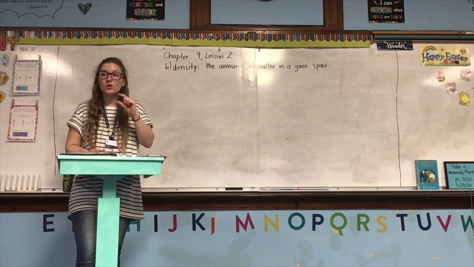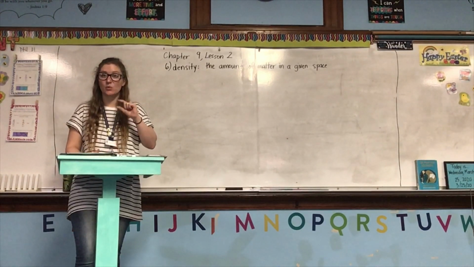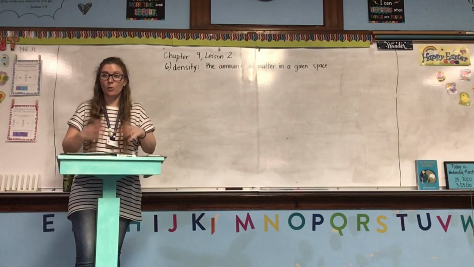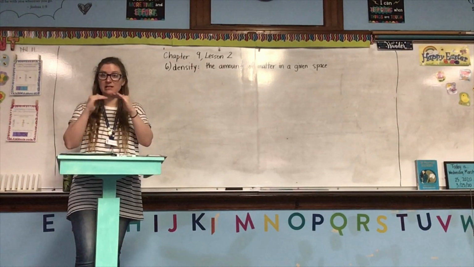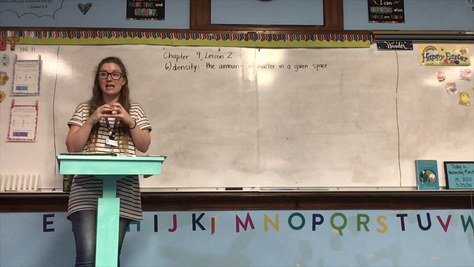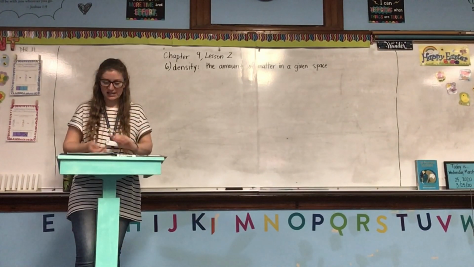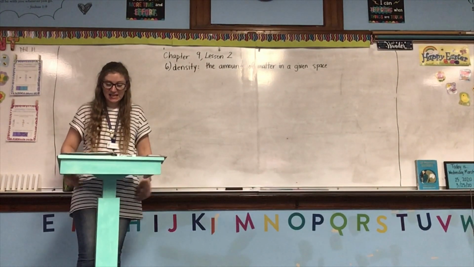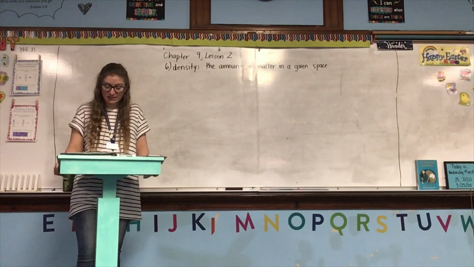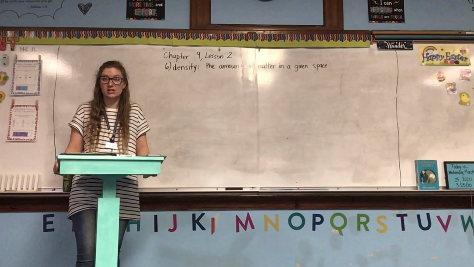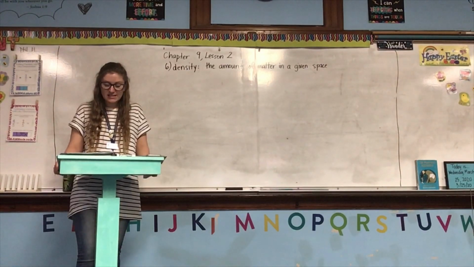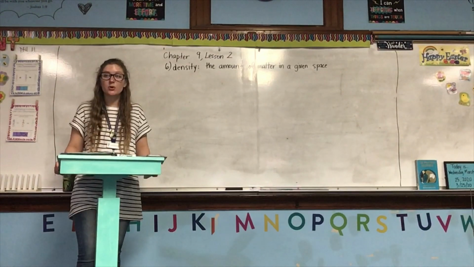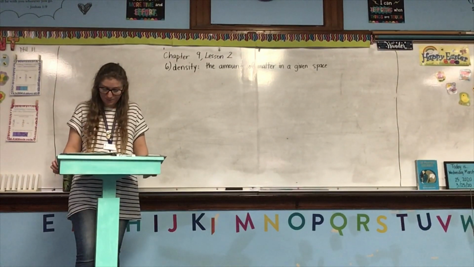So since cork has less density than water, it's going to float at the top of the water. The water is not going to be able to go on top of the cork because the cork is too light. An object floats when its density is less than the density of the liquid or gas in which it is placed. The density of cork is less than the density of water. So cork floats on water.